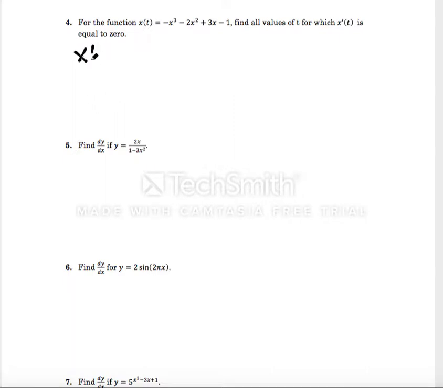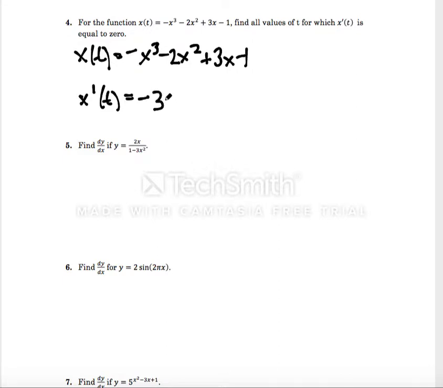Just like in the previous questions, I'm going to start with my original function and apply my simple derivative rules to each term. So x prime of t will be taking this 3, making it a coefficient, leaving the negative there. I am left with negative 3 times x to the now second, as I reduce that power for the first term.